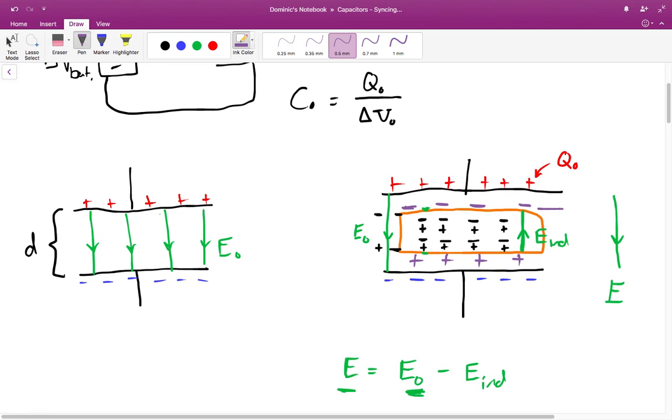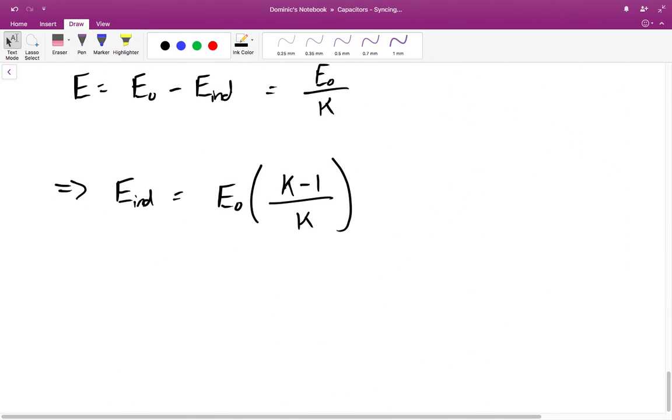And we could figure out what the induced surface charge density is using the relationships we have already found. I encourage you to prove this to yourself, but that induced surface charge density is equal to the surface charge density on the plates times 1 minus 1 over kappa.